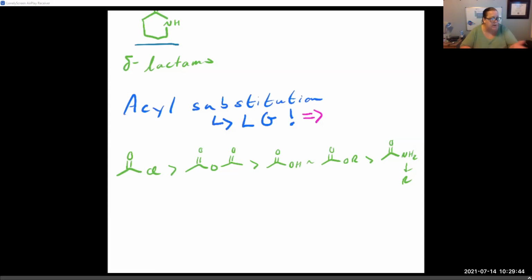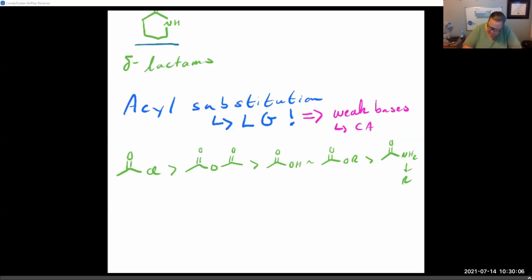Weak or strong? Very good. So all good leaving groups are weak bases. And so when we look at weak bases, we don't really look at pKb's much. I don't know why we don't, because it would make life a lot easier.